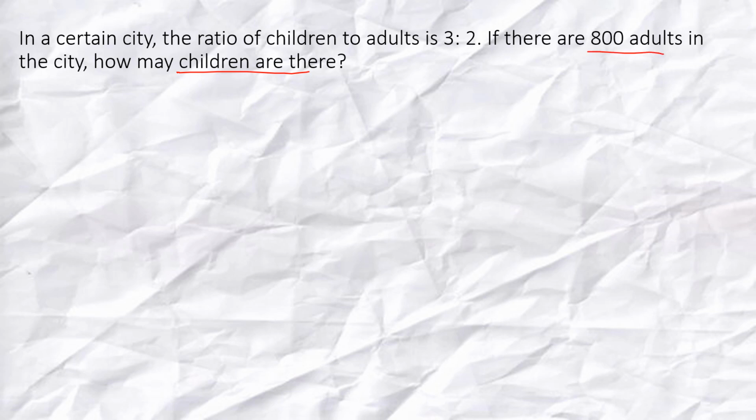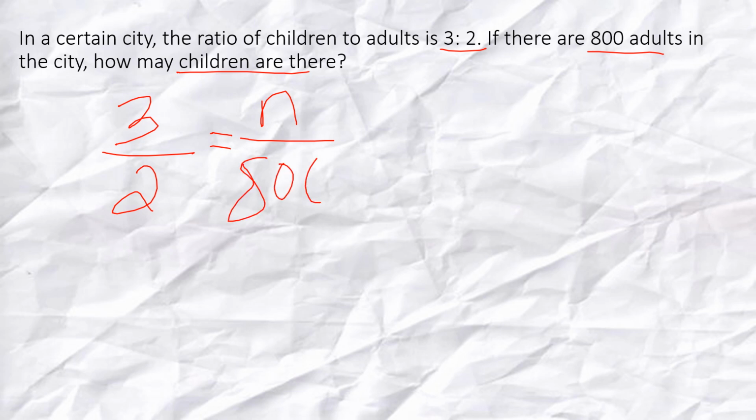Applying the rules that I discussed, let us first write our ratios in fraction form. The first ratio is 3 over 2 equals, since we are looking for the number of children, we write here n over 800 adults.